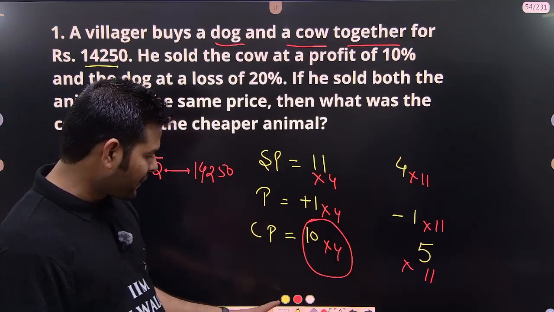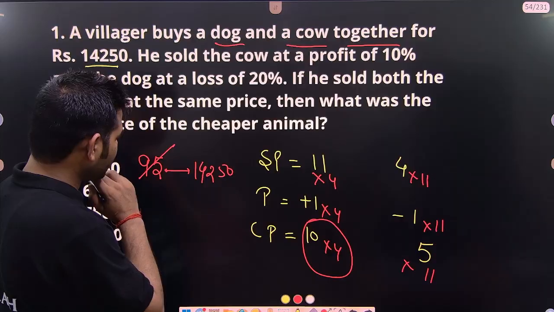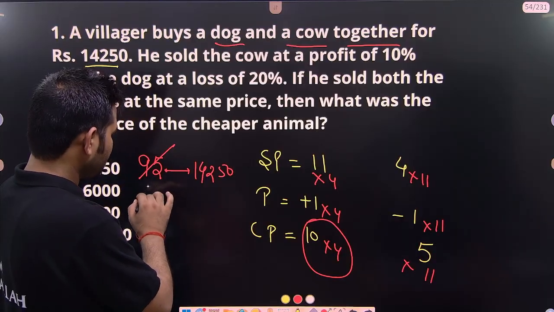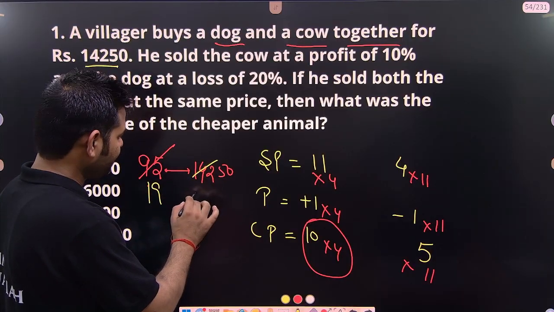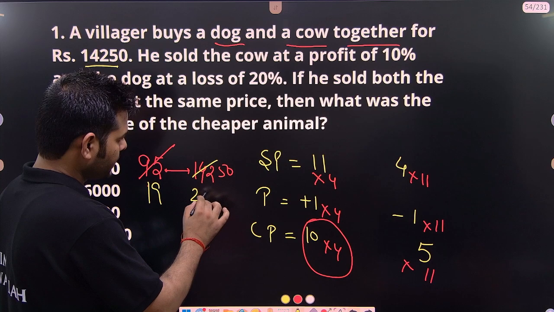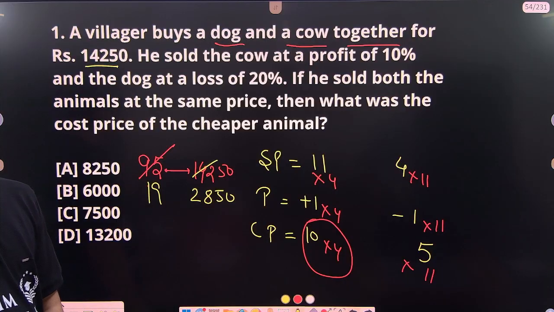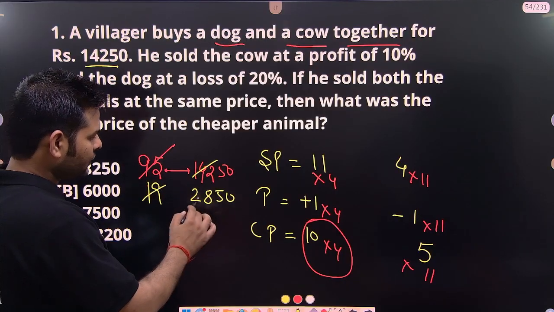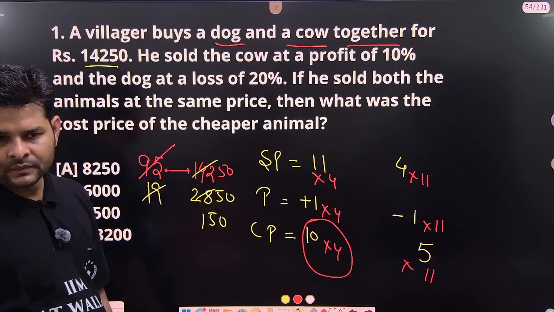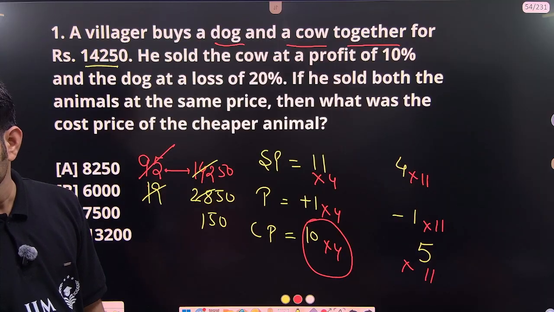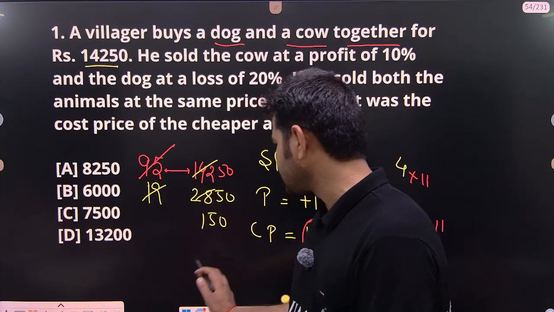So what would be the value of one unit? 95 is 19 times 5, so you can divide by 19, or by 5. If you divide by 5, you will get 2850, and from here you will get 150. So the value of one unit is 150 rupees.